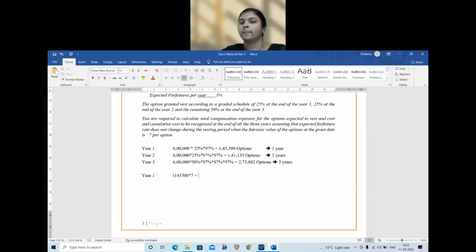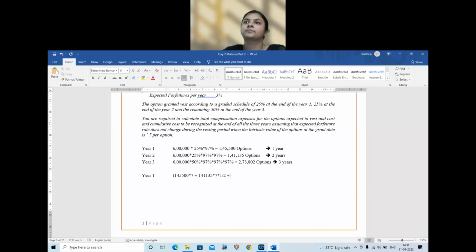Plus, for the second year, 1,41,135 options into 7, but that amount is going to be split and recognized over 2 years, so into 1/2. The second set of 141,135 options has 2 years vesting period, so we need to divide it by 2.